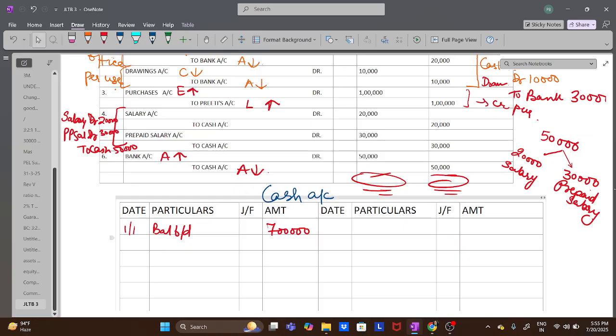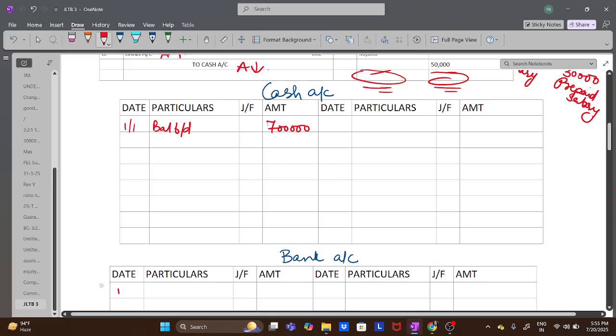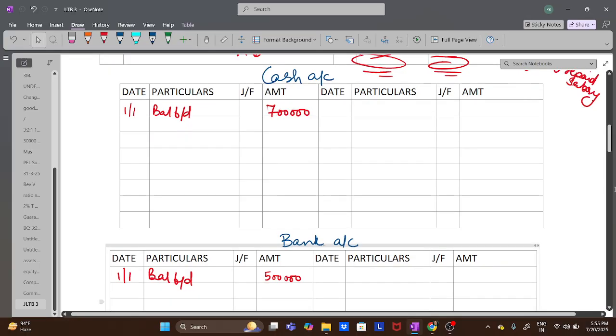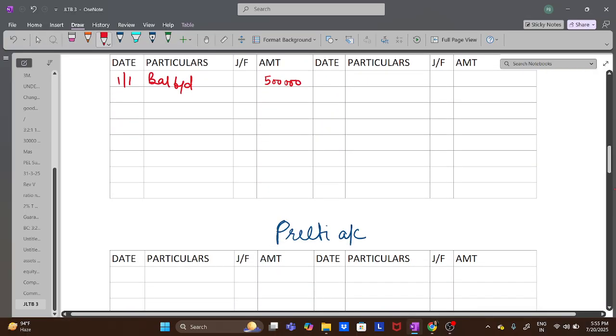Now I come to my next ledger, which is my bank ledger. Again, it has debit balance, 1/1 balance brought down. Amount for this is 5 lakh. Assets balance brought down comes on debit side. Then comes Preeti. Preeti is liability.